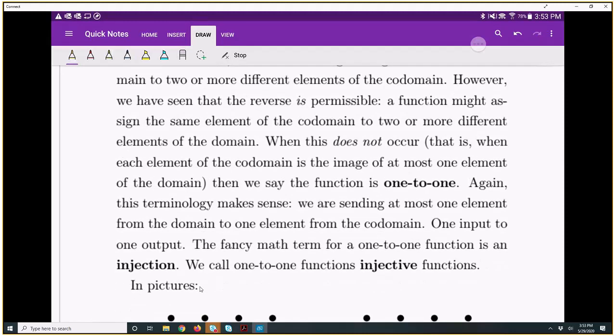However, if that does not occur, which is to say if each element of the domain is mapped to a different element of the codomain, or each element of the codomain has at most one preimage in the domain, then we say that the function is 1-to-1. We are sending at most one element from the domain to one element of the codomain, hence 1-to-1. And again, the proper term for this is injective.